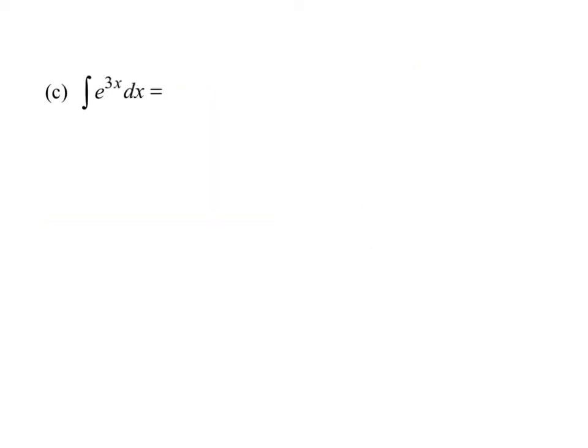Okay, the next question is a classic u substitution in your head, as I like to say. So I have the integral of e to the 3x dx, and so I know that the integral of e to the u du is just e to the u plus c. But in this particular case, I have an exponent in this problem of 3x.